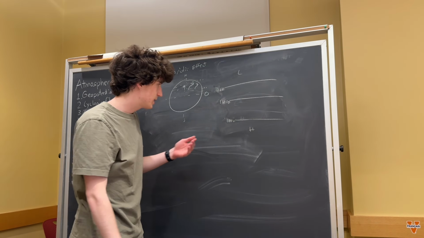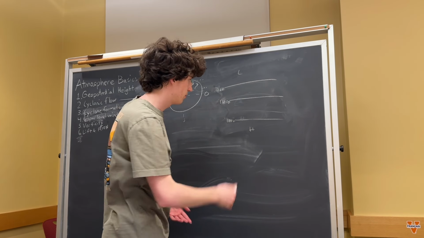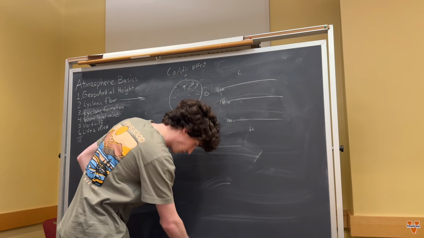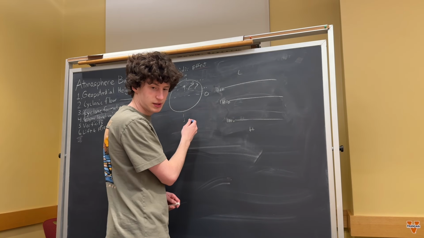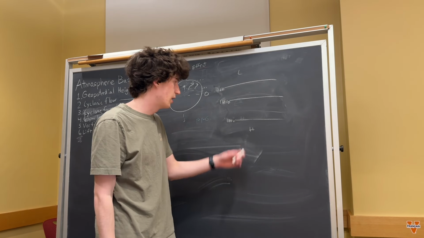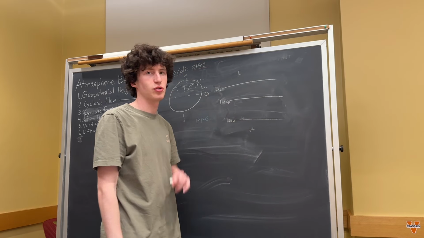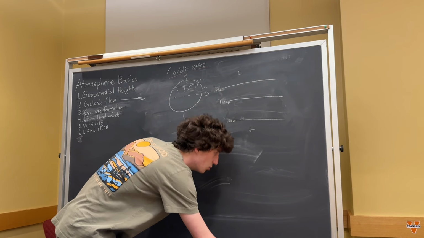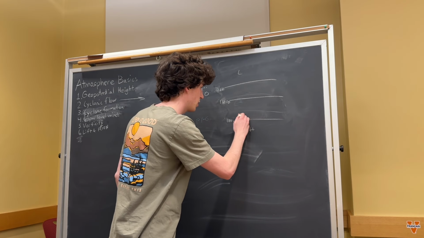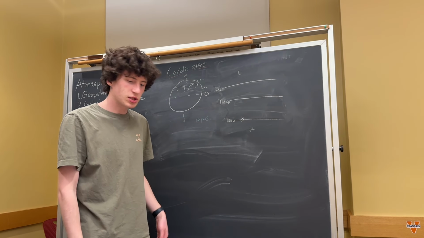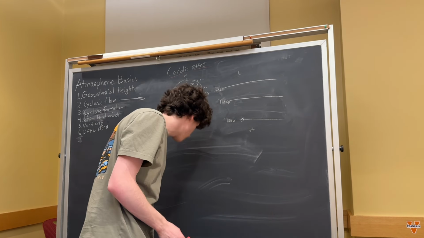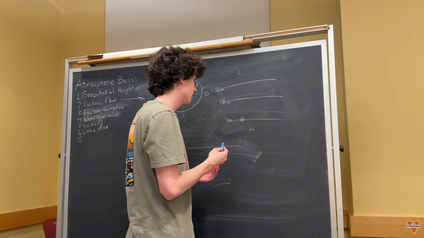So let's walk through an air parcel. The Coriolis effect will be red, and the pressure gradient force, which just states high pressure wants to go to low pressure, will be in blue. These are the two forces we are focusing on that are acting upon our air parcel, which we will start right down here. To start out, the parcel accelerates by the pressure gradient force to the north.